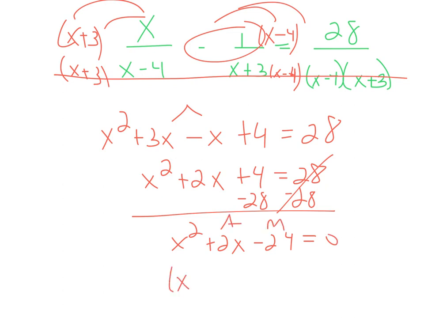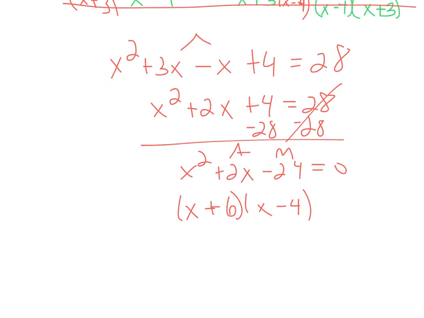AM. Okay, the factors of 24 that add to 2 are 6 and 4, but we want a positive 2, so that means I have the answers of -6 and +4.